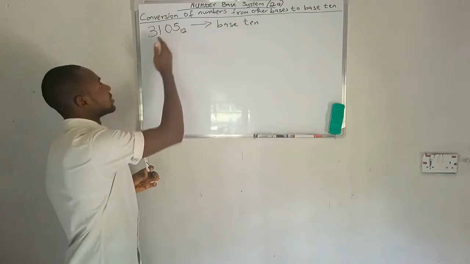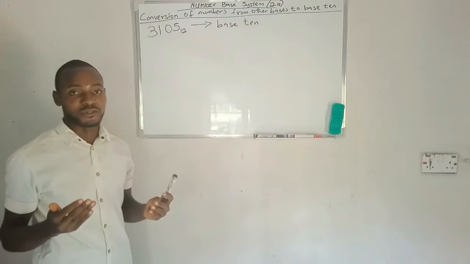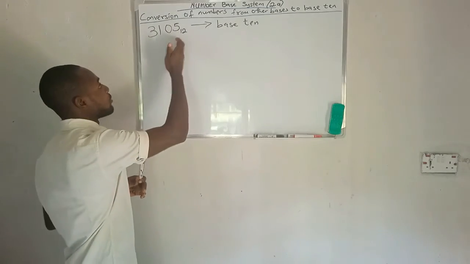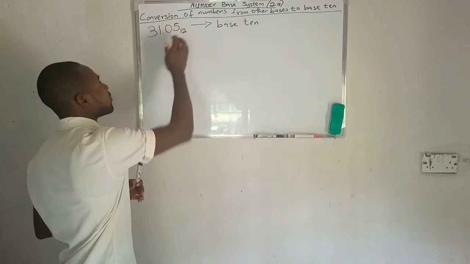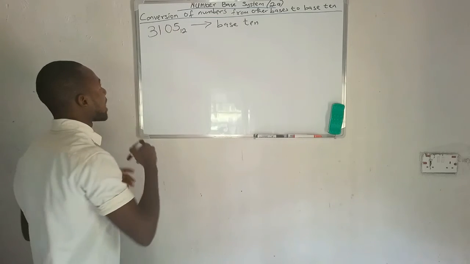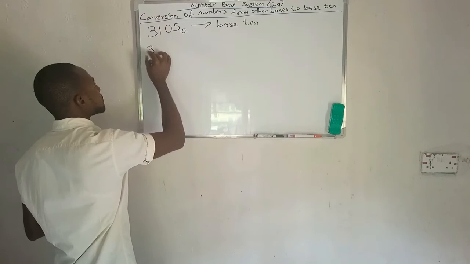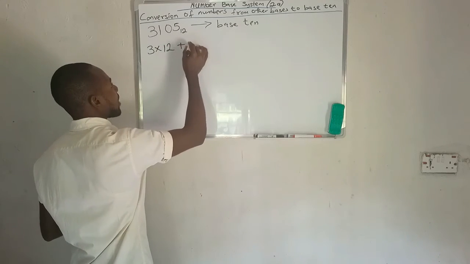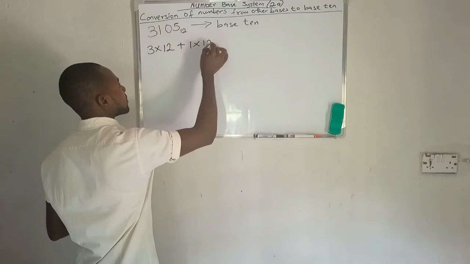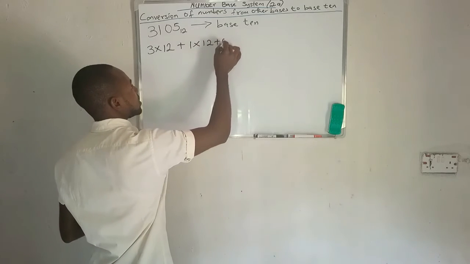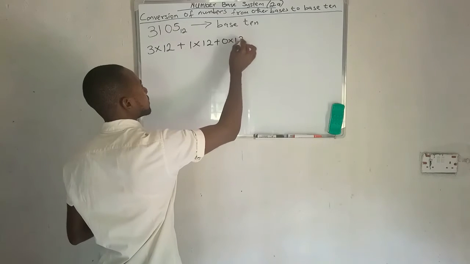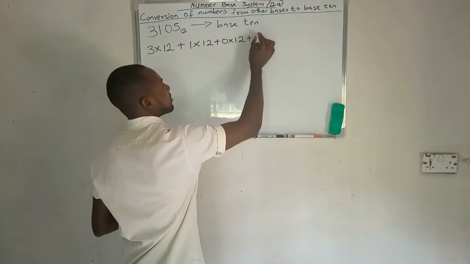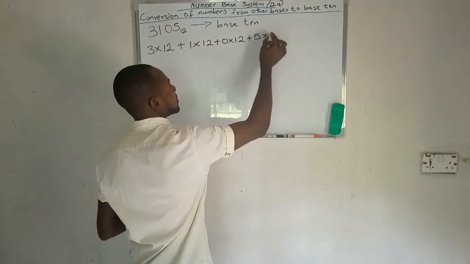So in this situation, we'll be using the same processes that we have been following before now. So we are going to be multiplying every number here with the base, which is 12. So we'll have 3 times 12 plus 1 times 12 plus 0 times 12 plus 5 times 12.